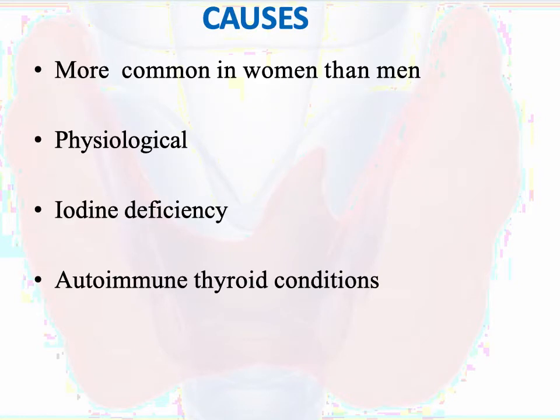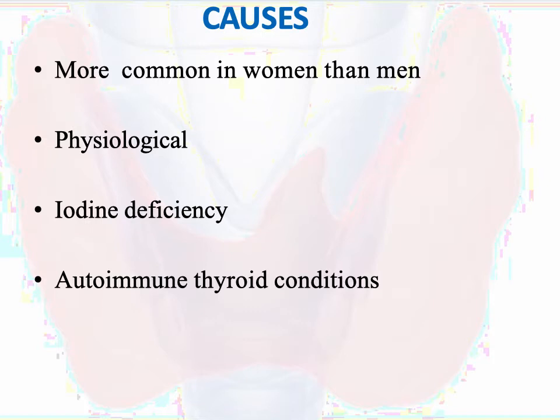Causes: more common in women. It may be physiological, maybe due to iodine deficiency. Therefore, nowadays they've got salt which is iodized. Okay. And physiological, at the time of puberty, when there is stress and the body is developing, and there is a lot of need of this hormone, then it has to work more, and it increases in size.